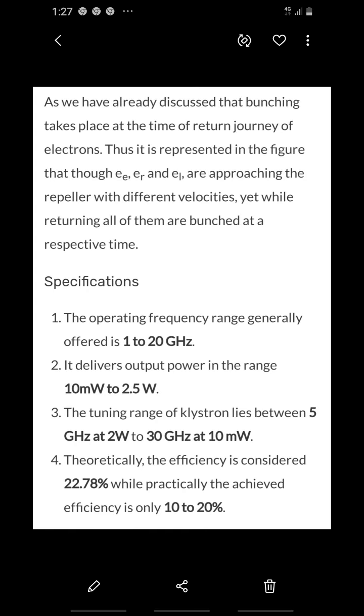Specifications. The operating frequency range generally offered is 1 to 20 GHz. It delivers output power in the range 10 milliwatts to 2.5 watts.